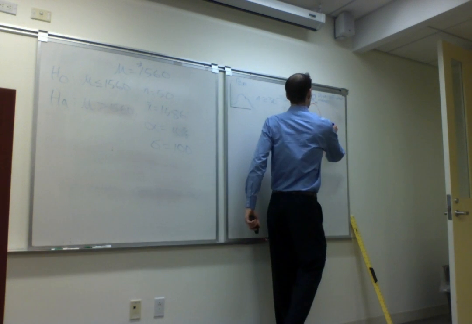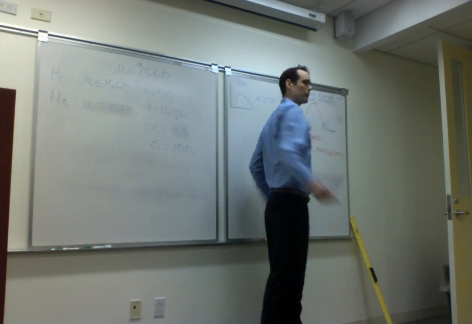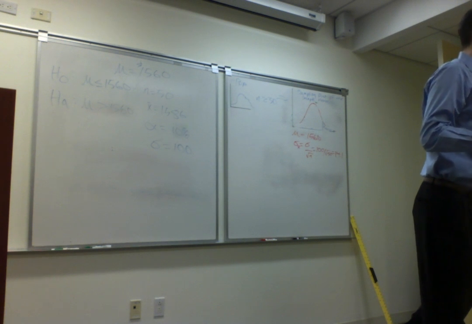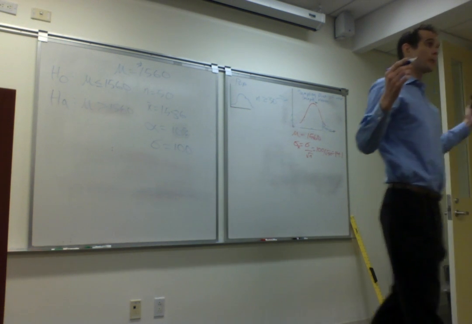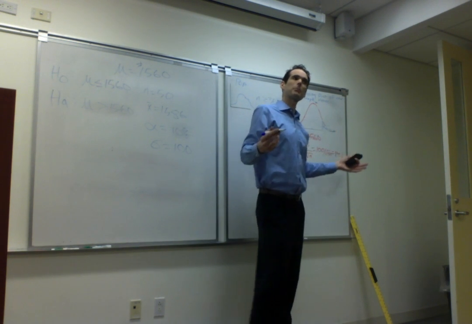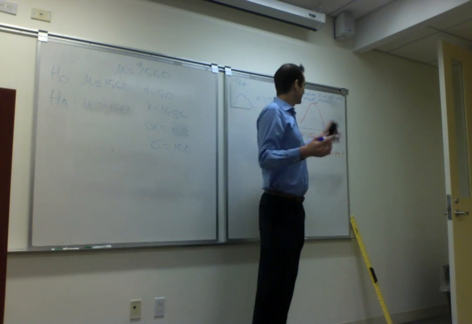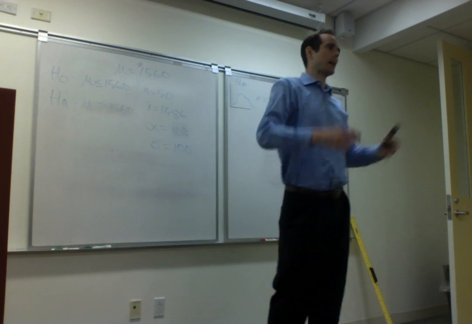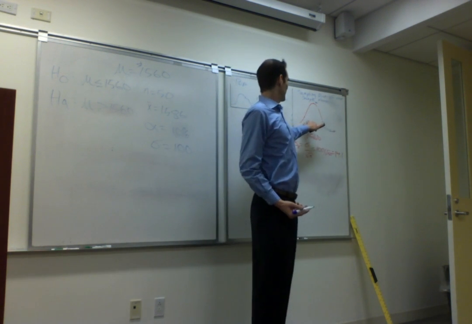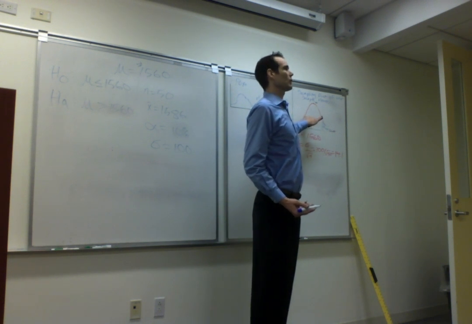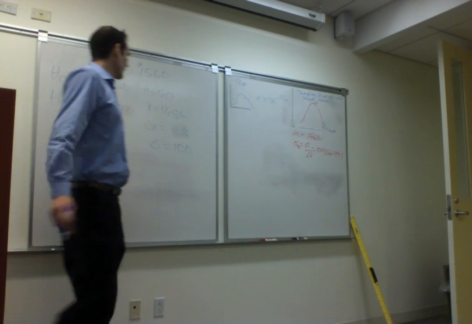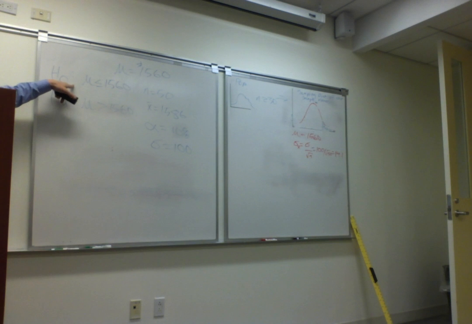There's some chance of me going out, gathering this data, and selecting a bunch of apartments that cost a lot more than the average. And there would be a certain percentage chance, we'll decide what we want that to be, where I could say, well, that happens 5% of the time. That happens 10% of the time. If I go out and I find a bunch of low-cost apartments, then I know without even thinking about it that I cannot reject the null hypothesis.